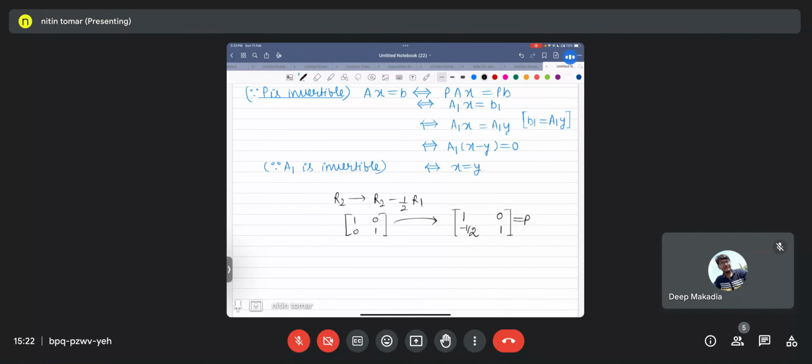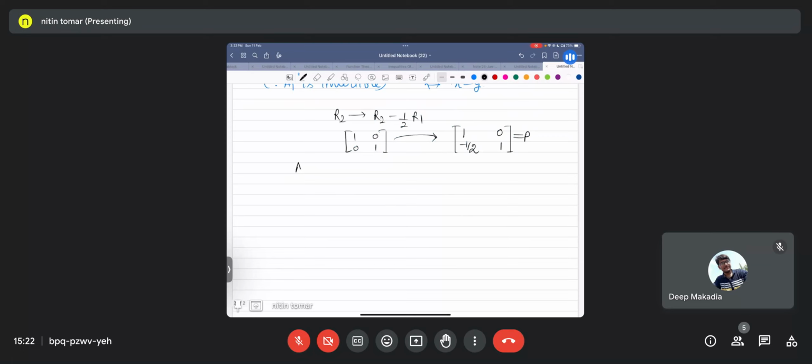So here this matrix was P. So for example, I'll just write it. Let's say Ax equal to B. You apply some row operation, let's say R. Then you will get A1x equal to B1. But if we apply the same row operation on I2, you will get some P1. So P1Ax equal to P1B.